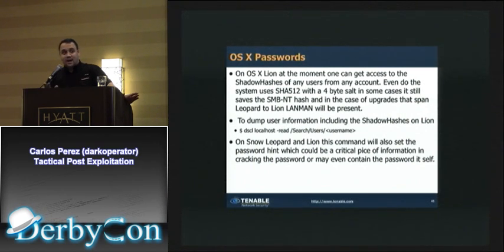It doesn't give me the hash, but it's giving me the freaking password hint. What most users do is put their password in the password hint. Or in the case of my wife, el nombre de mi hija, the name of my daughter. So that was quite useful, and it comes in very handy when you're doing post-exploitation and trying to break those hashes. So thank you, Apple.